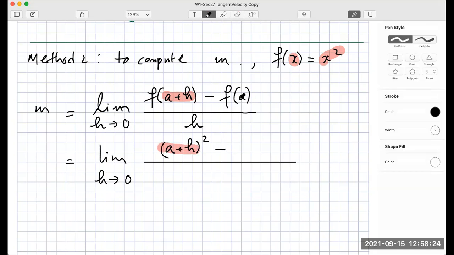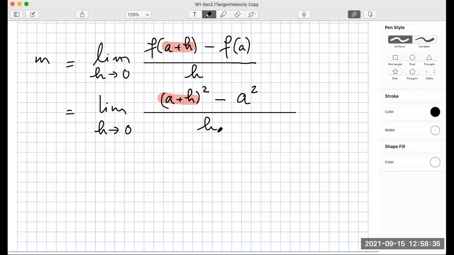Minus, but let us play with the number a first, a squared, right, over h. Is it clear why we have this? Very good. And in this specific case, a is 1, then we replace a by 1, which will be 1 plus h squared.